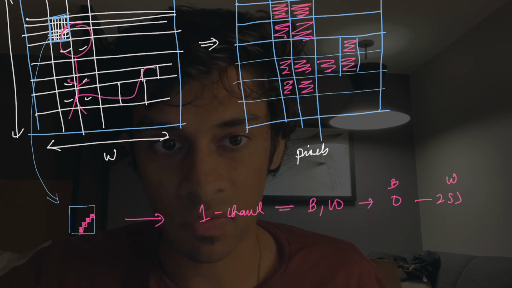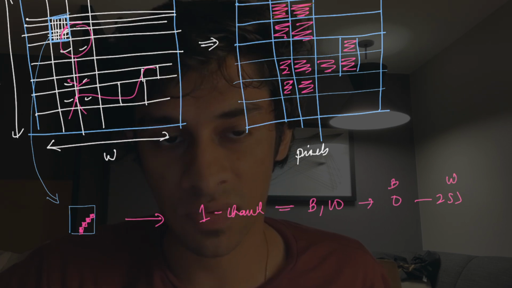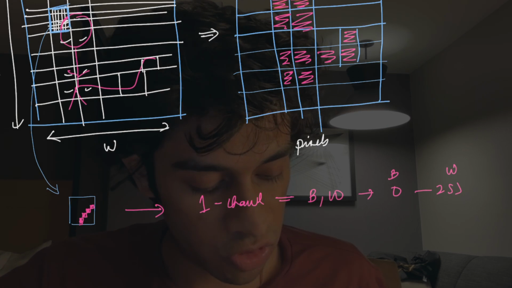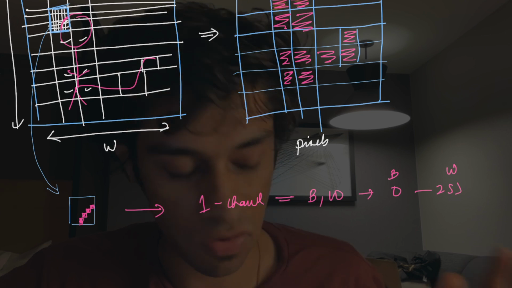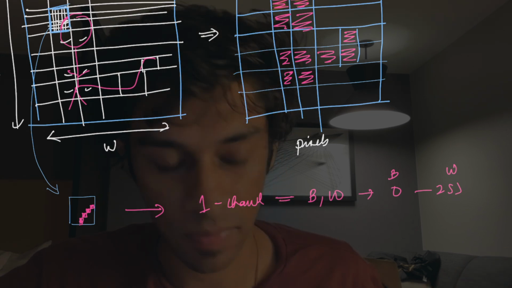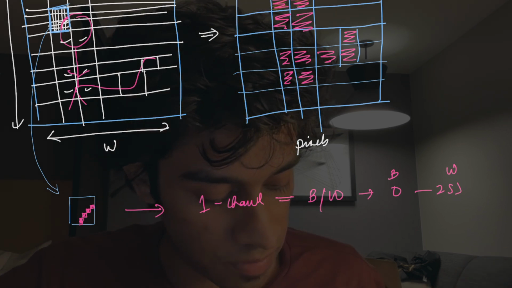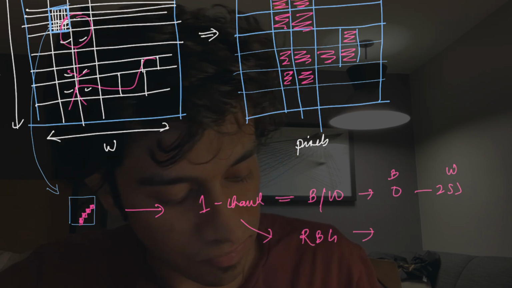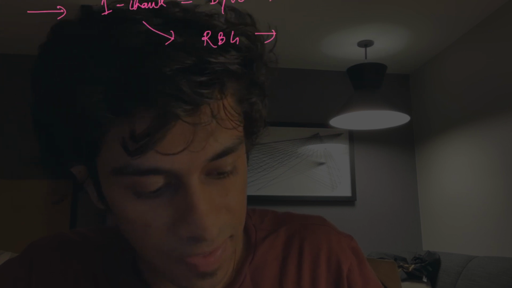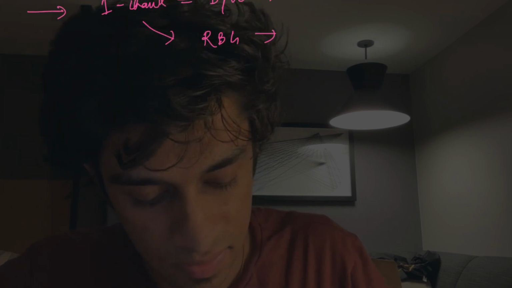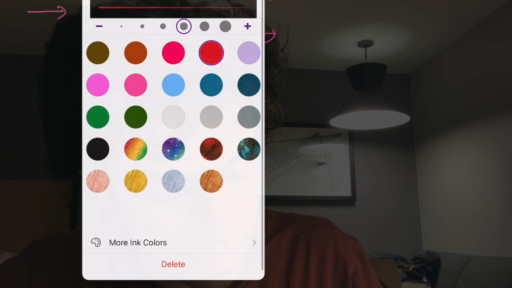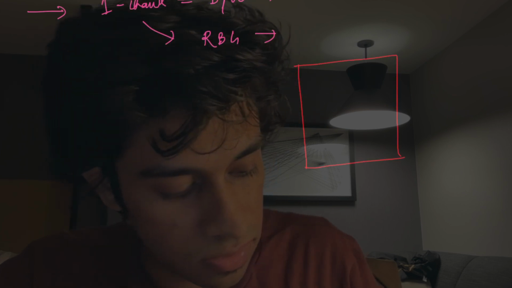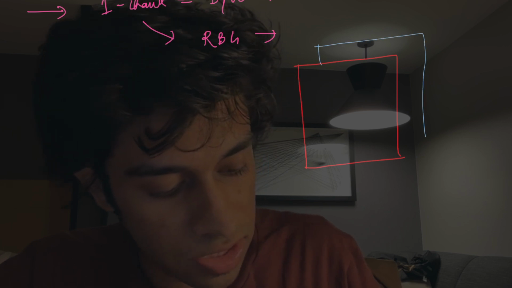But what if we want to represent different colors as well? What would that mean? That would mean we won't go with the black or white formation, but we would go with an RGB kind of format, where each channel would represent something. So let's say we have red, we have our blue, and we have our green channel.